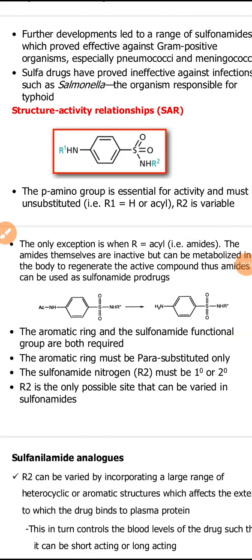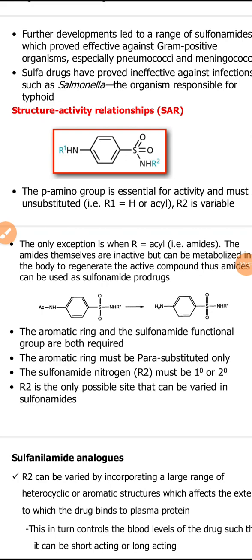Therefore, it must be either a heterocyclic, open chain, or cyclic compound for better activity. I am not saying that all heterocyclics are potent, but substitution with a heterocycle will increase potency. In fact, we have some heterocycles that are also toxic compounds.